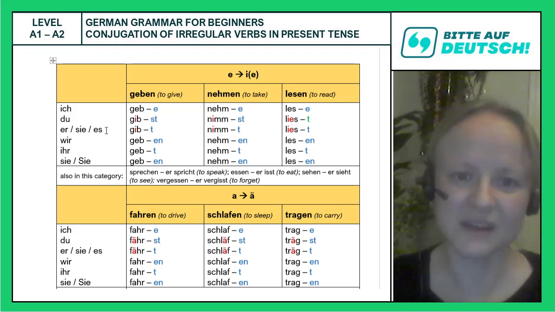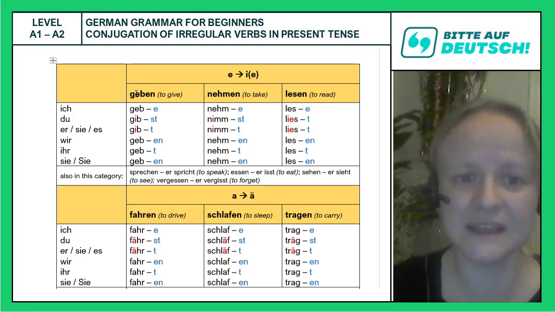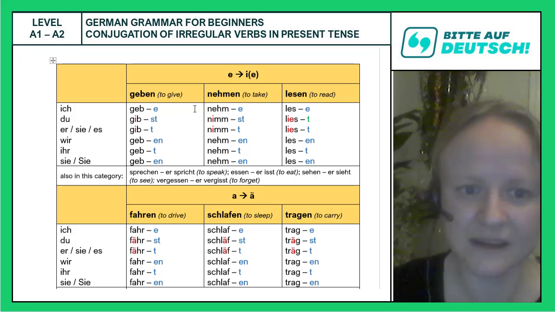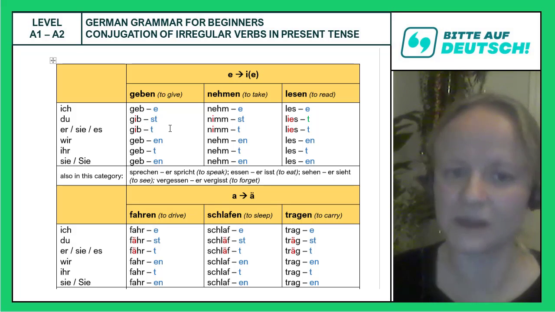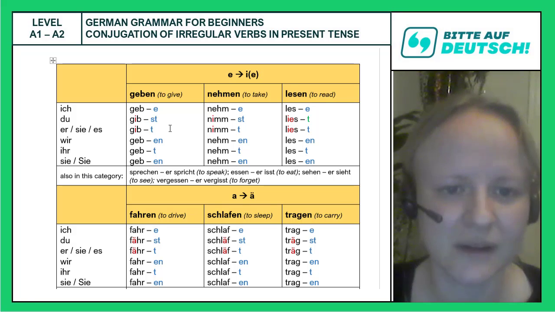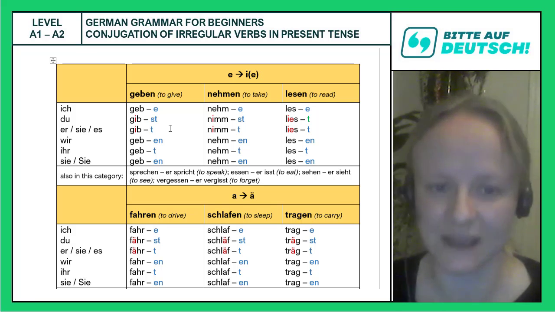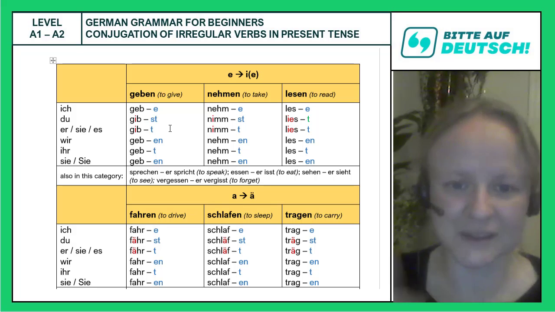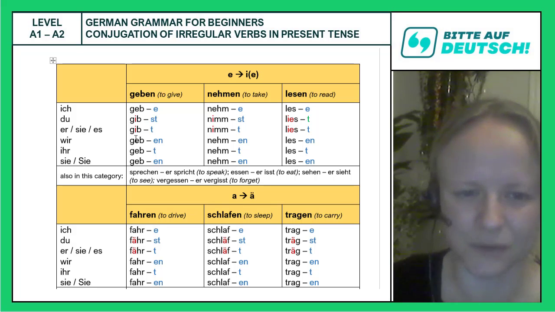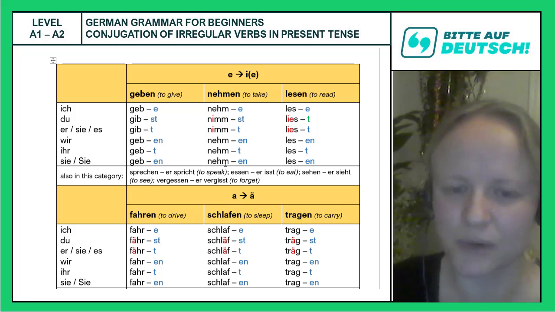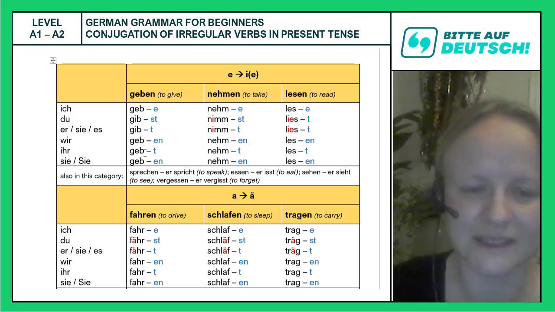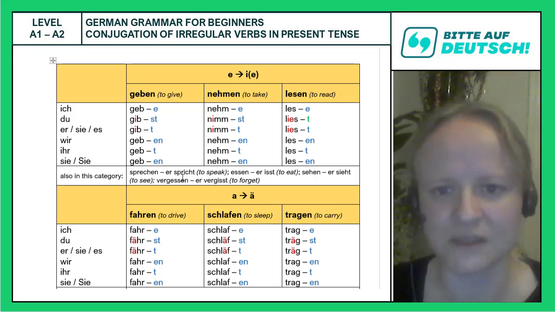So looking at the verb geben, for example, the e changes to i in the second and third person. So we conjugate it as ich gebe, du gibst, er gibt, wir geben, ihr gebt, sie geben. So what is already important for you to consider is that for the plural forms, wir, ihr, sie, those irregularities do not occur.